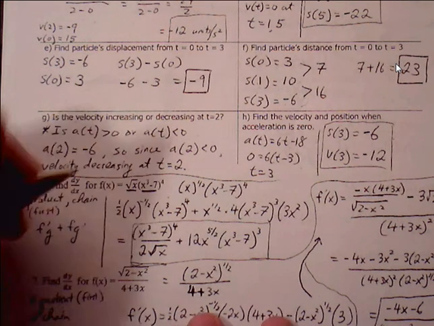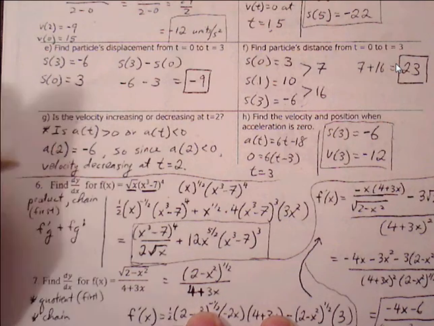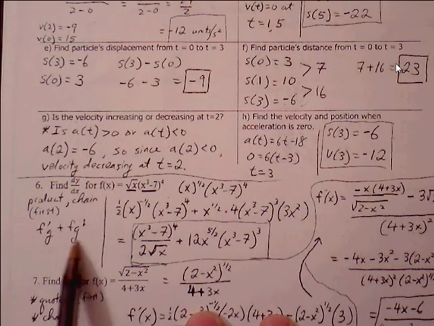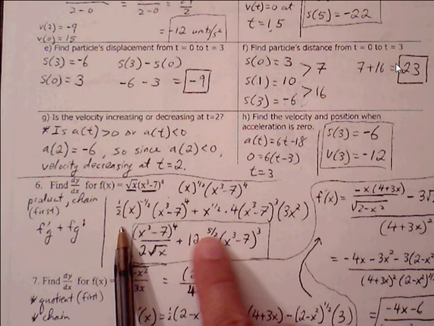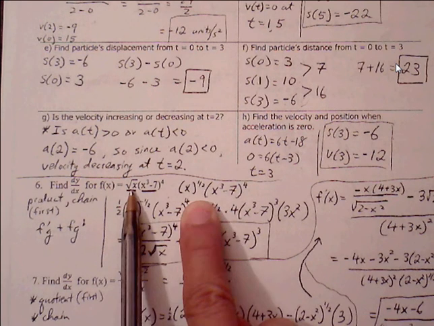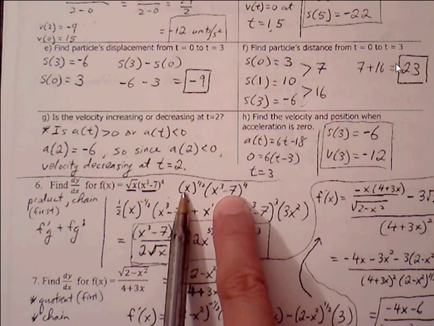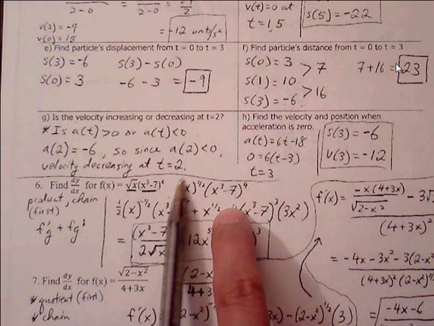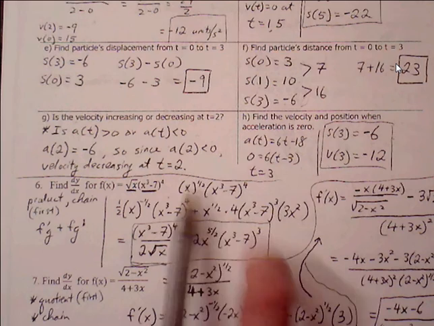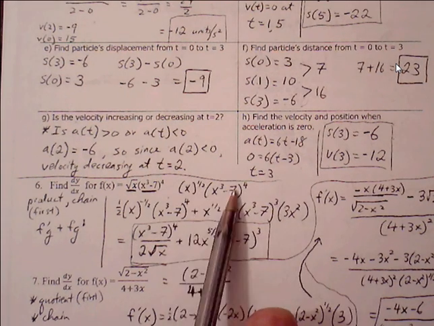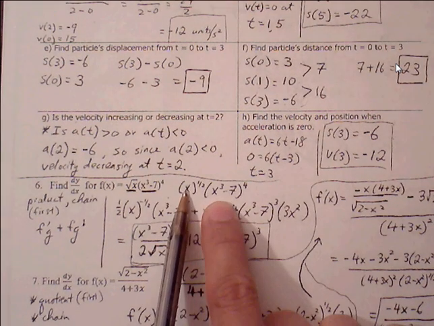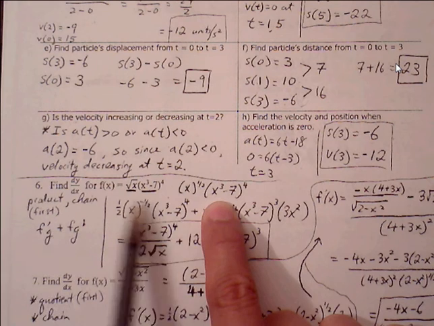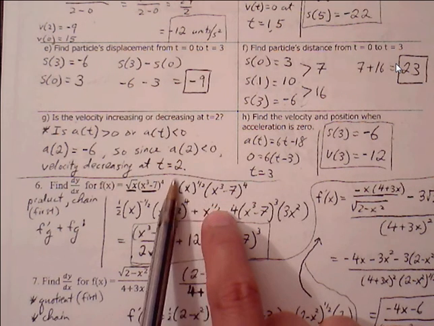All right, so the rule for product that we're going to apply is product rule, f prime g plus f g prime. So f prime, I'm going to rewrite this as rational exponents. Square root of x, I'll write it as x to the 1/2. I'll let this represent the f function, and then this represent the g function. So we're going to go through product rule here. F prime g, so f prime is the derivative of x to the 1/2.